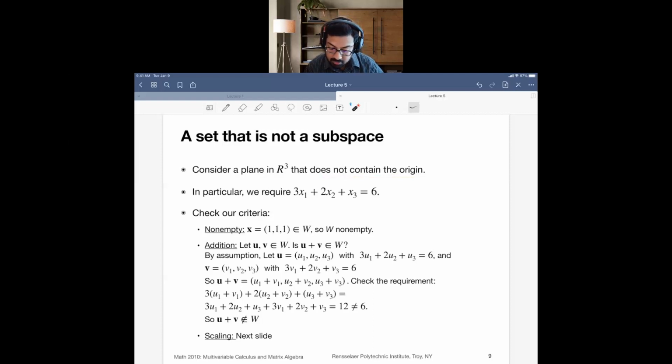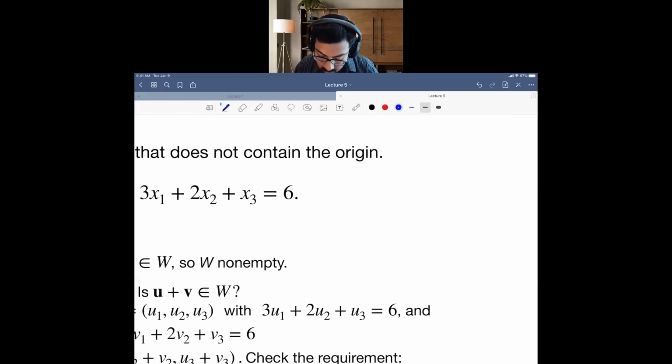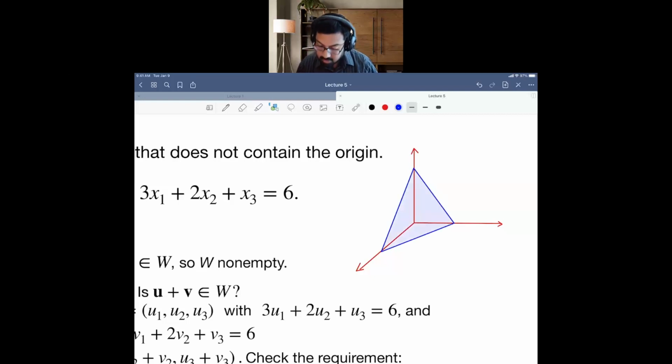So in particular, we will take a look at a plane defined by this: 3x1 plus 2x2 plus x3 equals 6. That's the plane that we are considering. Let me just quickly draw a quick sketch here. So I have a three-dimensional space over here, and I can consider, say, a plane right there, and clearly it is not containing the origin.